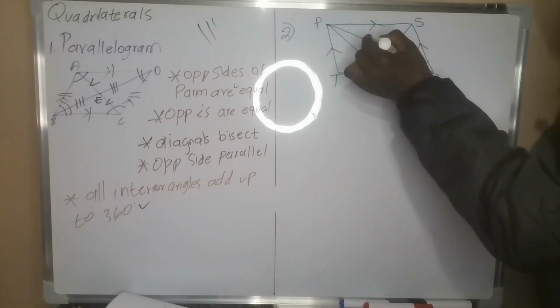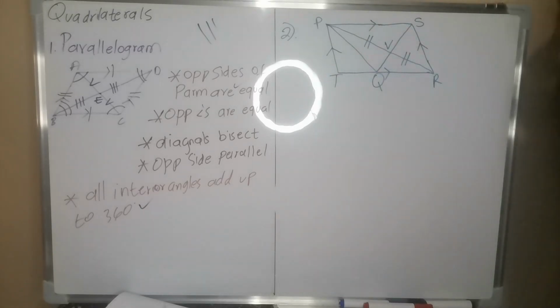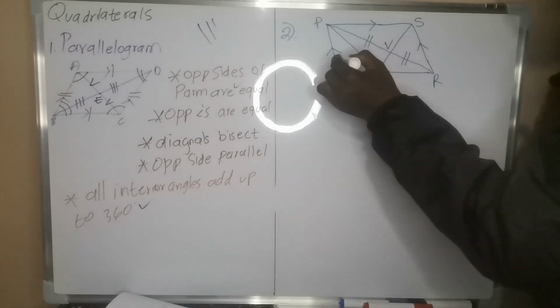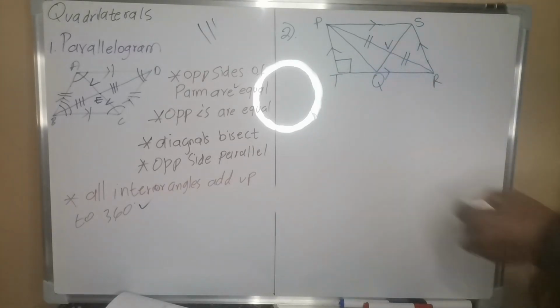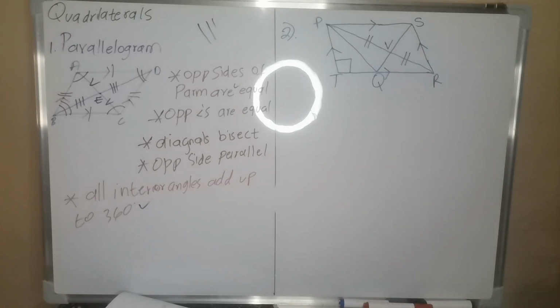Then you have diagonals that are bisecting. So you can draw it properly on your own. Then you eventually create an angle here. Very simple.